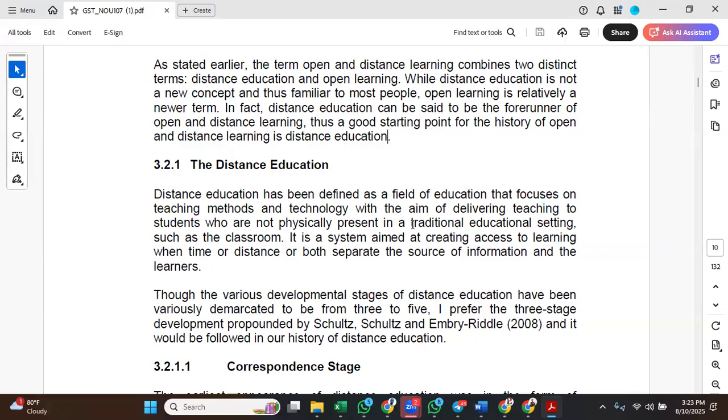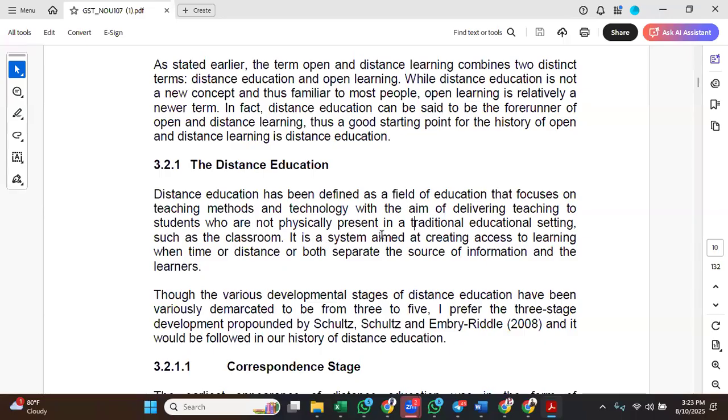When we mention traditional educational setting in this material, what we're trying to say is your conventional setting in a normal university like Uni Abuja, Uni Jos, Unilag, where you sit down in the hall with your lecturers. That is the meaning of traditional educational setting. So this particular institution you are in now is not the same as that setting. That's what they're trying to tell you. Such as the classroom.